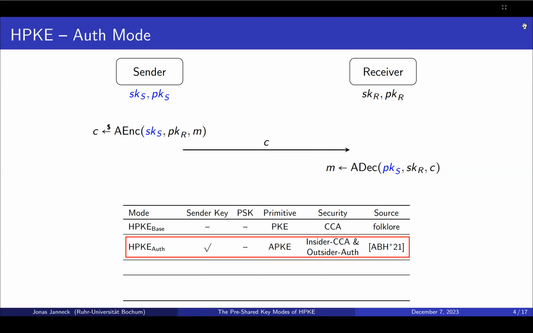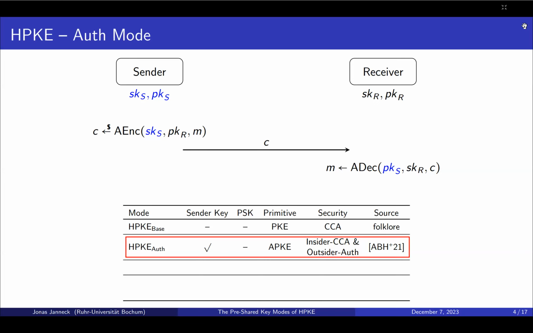Okay, and so this mode has now sender authentication, and the primitive is an authenticated PKE. This mode was already analyzed at Eurocrypt 21, and they showed confidentiality and authenticity.